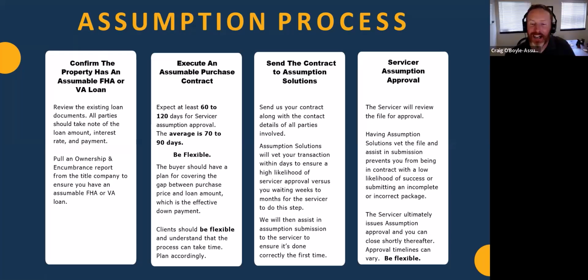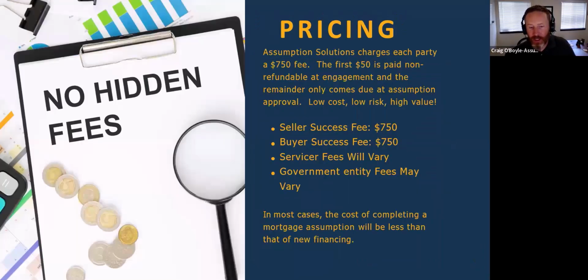Okay, so once you close, you're done with the transaction, but let's talk about what we charge to get you through. Assumption Solutions charges each party, buyer and seller, a $750 fee. That's $1,500 per file. The first $50 of those fees, so $50 to the buyer and $50 to the seller, is paid non-refundable at engagement when we start.